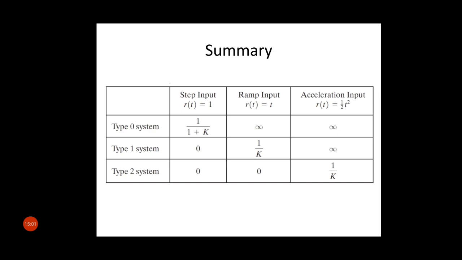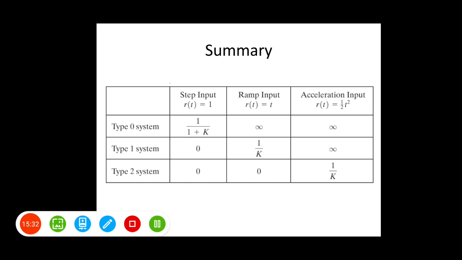For type 1 system, the steady state error for step input is 0, ramp input is 1 by K, but acceleration input is infinite. And for type 2 system, the steady state error for step input is 0, and ramp input it's also 0, but for acceleration input it is 1 by K. So here I have summarized all of these into one table.